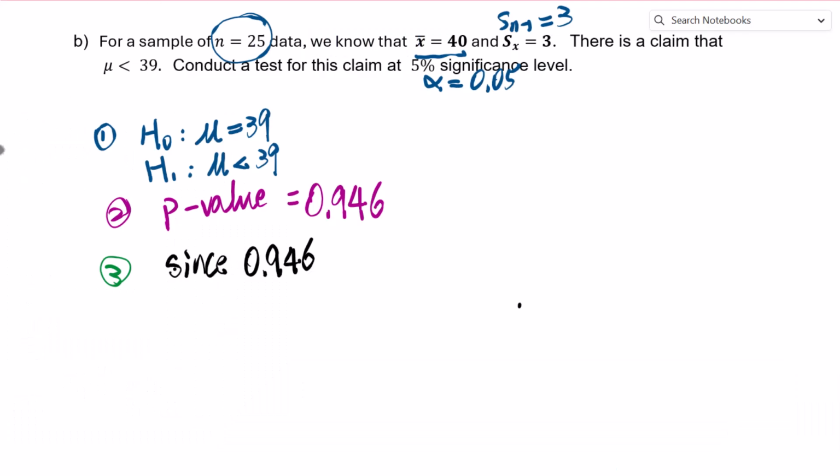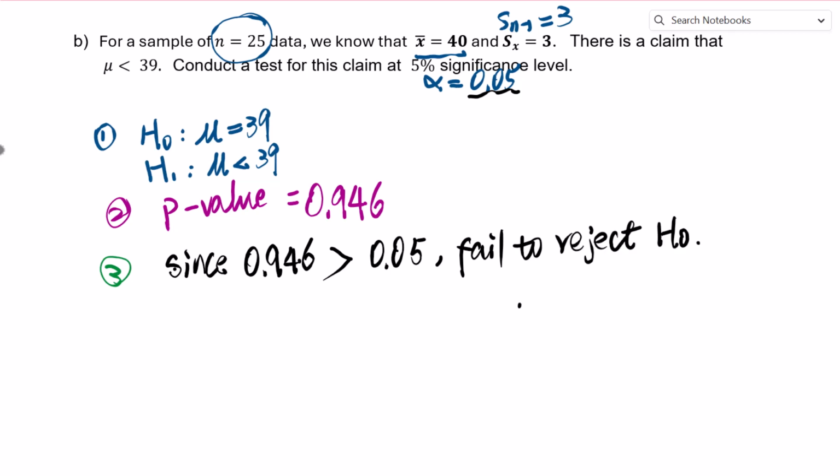Let's draw the conclusion. Since 0.946, alpha is 0.05. So p-value greater than alpha. Fail to reject HO. Use please reject HO to remember this rule.